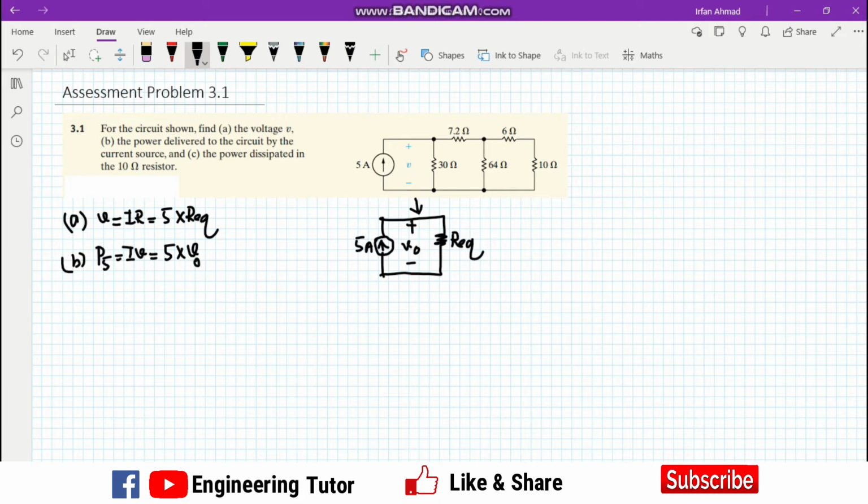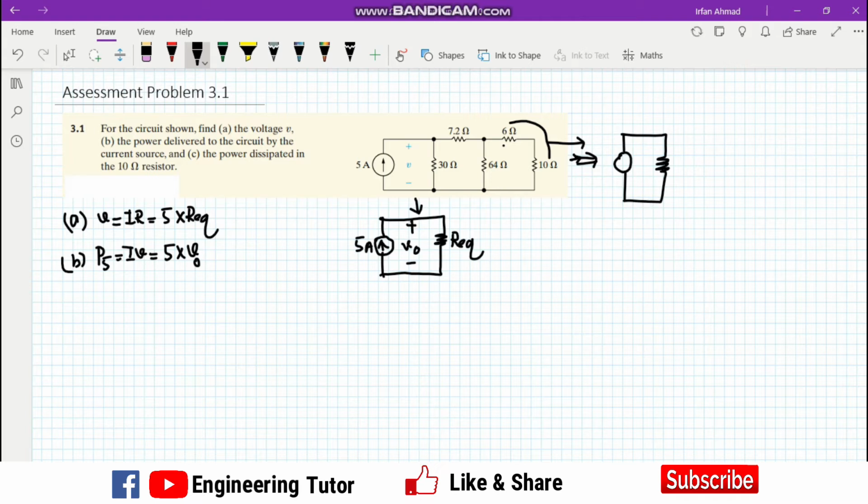So to find these two quantities, we have to convert this circuit into a very feasible form. The first step is converting all the resistors into the equivalent resistance. In the first step, we know that these two resistors are in series with each other.